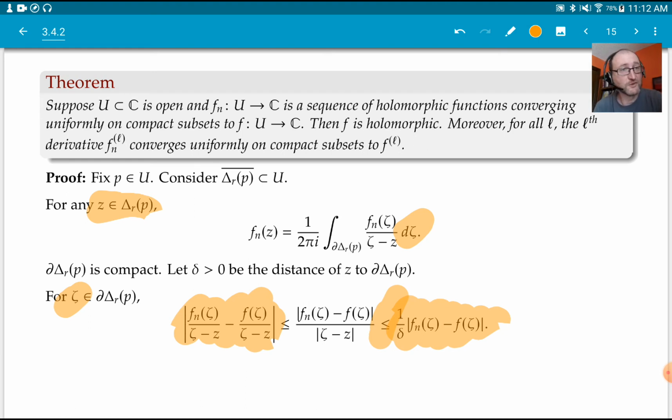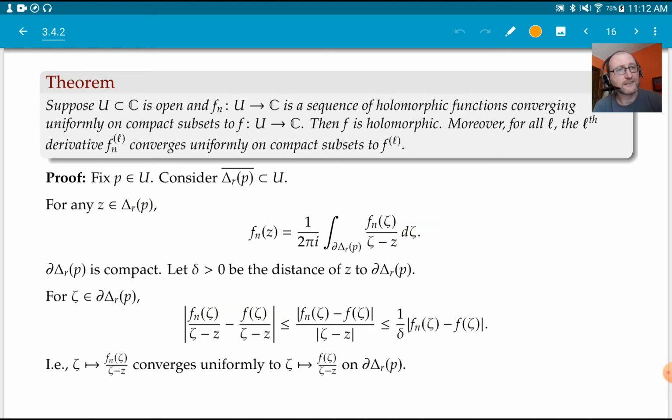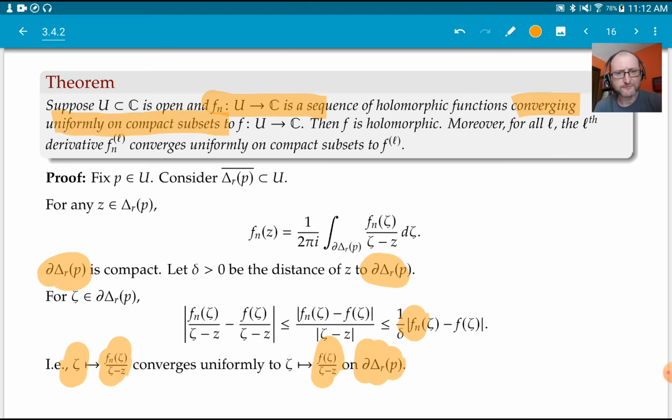These guys, as a function of zeta, converge uniformly to f over zeta minus z. So it's uniform on the boundary, because this thing is compact as well; we have that f_n converges uniformly on compact subsets. If this goes to 0 uniformly, therefore this thing goes to this thing uniformly.